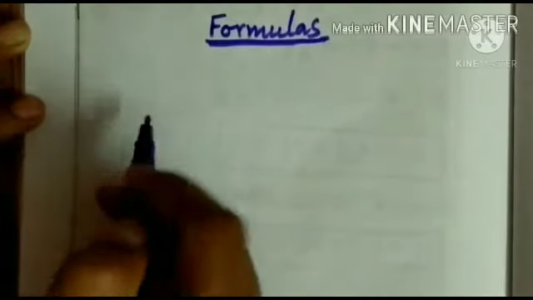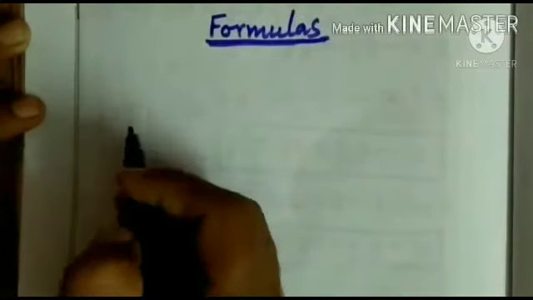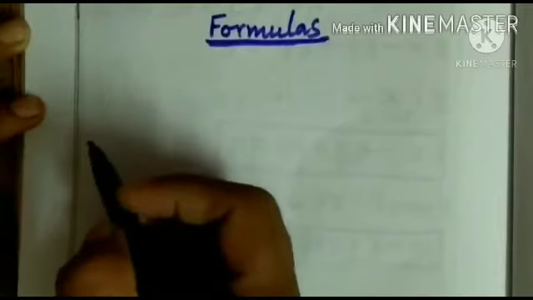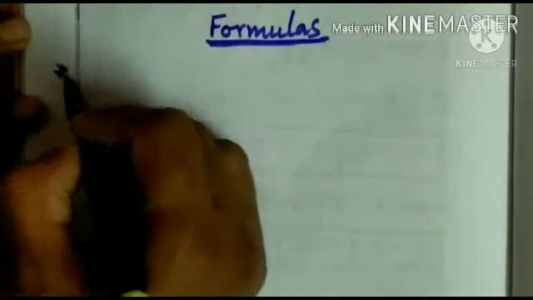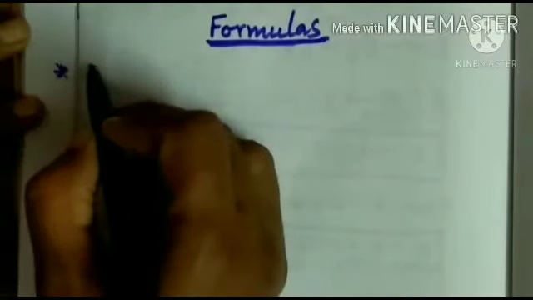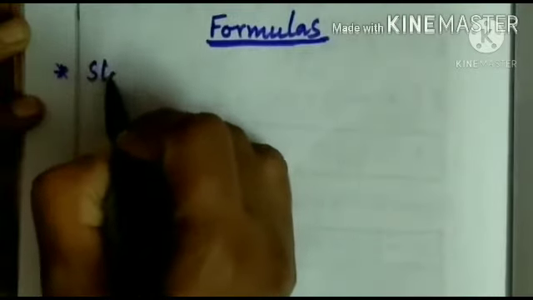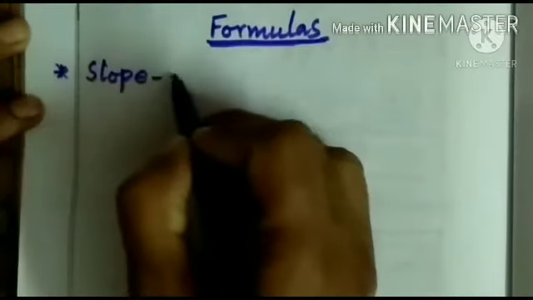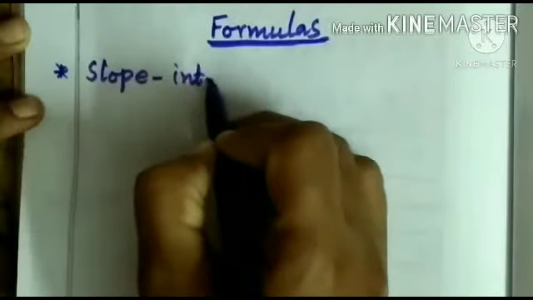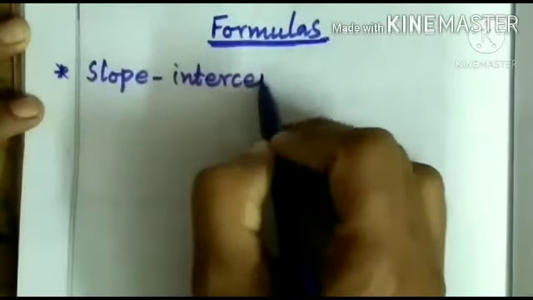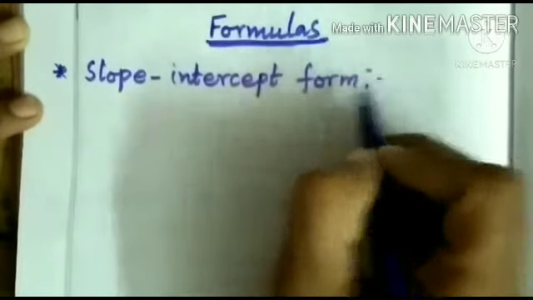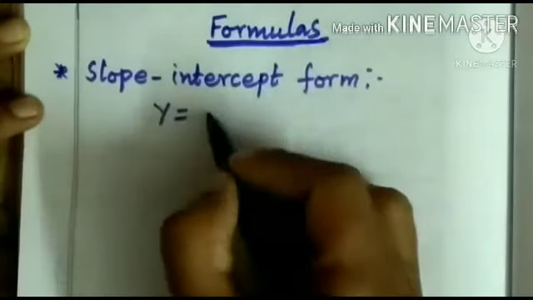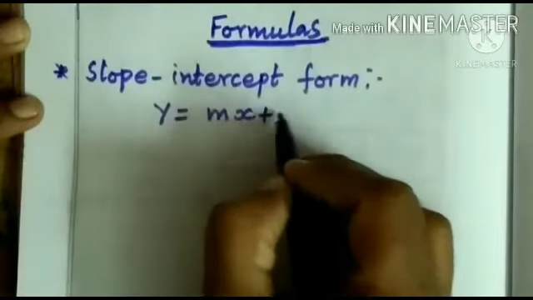If a straight line passes through the y-intercept with slope m, then the equation of the straight line by slope intercept form is y is equal to mx plus c.